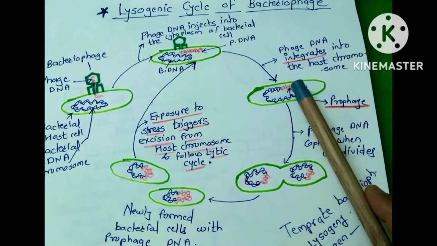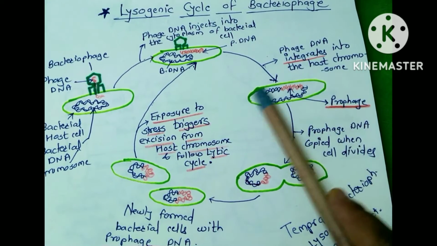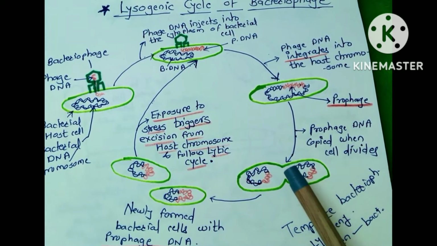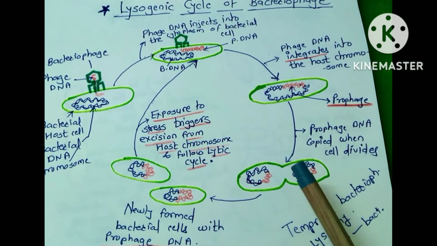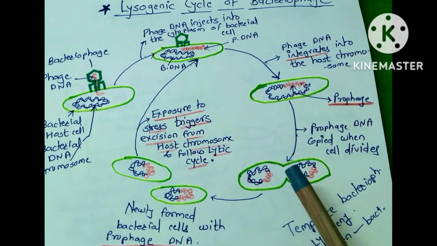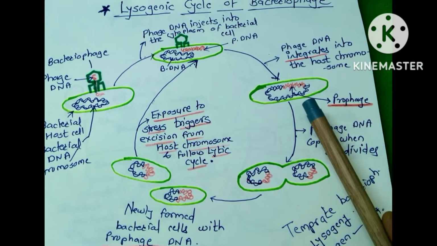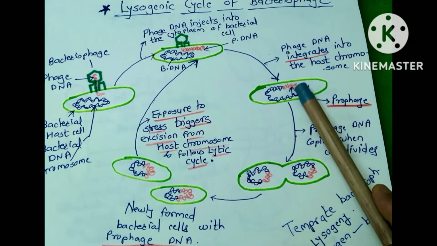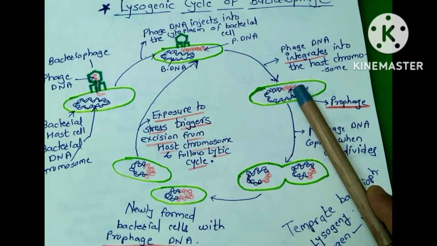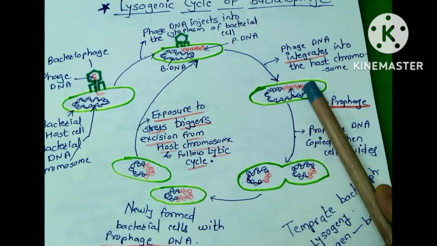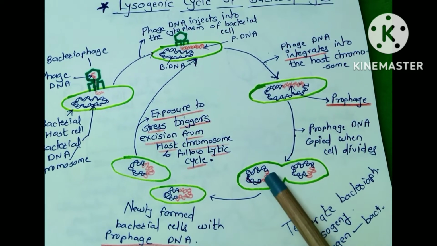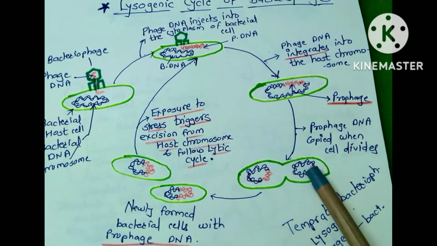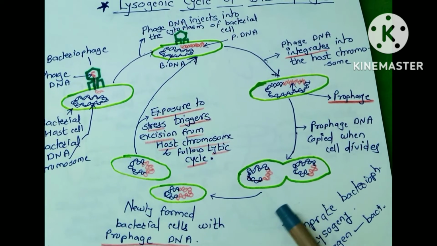This condition is generally harmless for the host cell, that means the bacterial cell, and bacteria can carry out replication of their genome without any problem. But since the phage DNA is inserted inside the bacterial chromosome along with the bacterial DNA, the phage genome is also copied in newly formed bacterial cells.